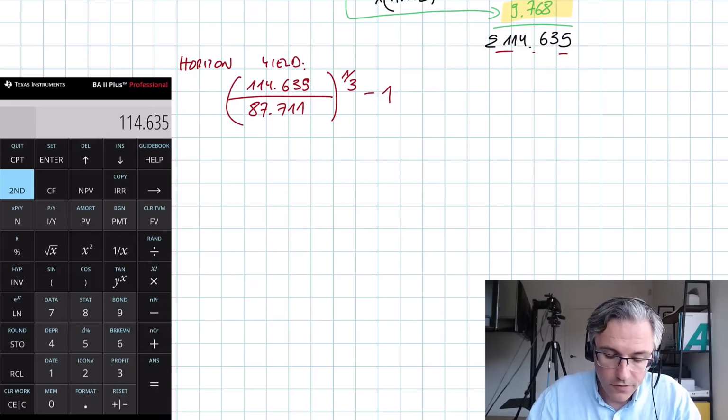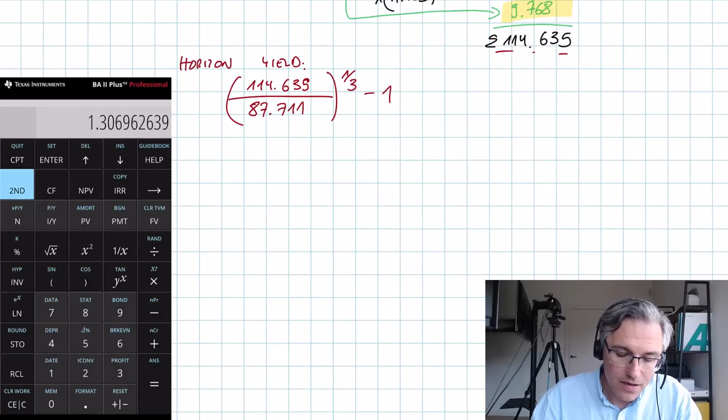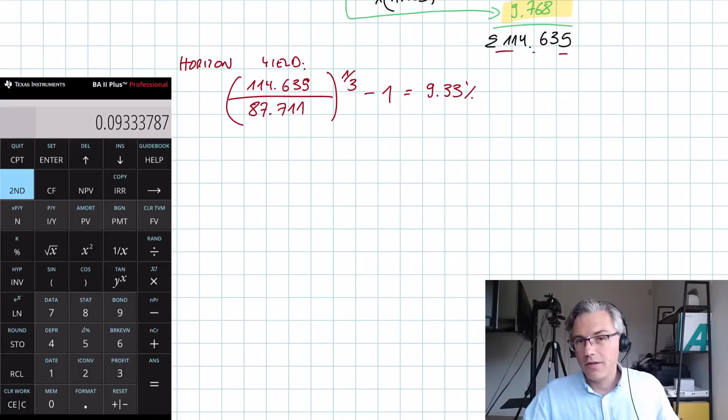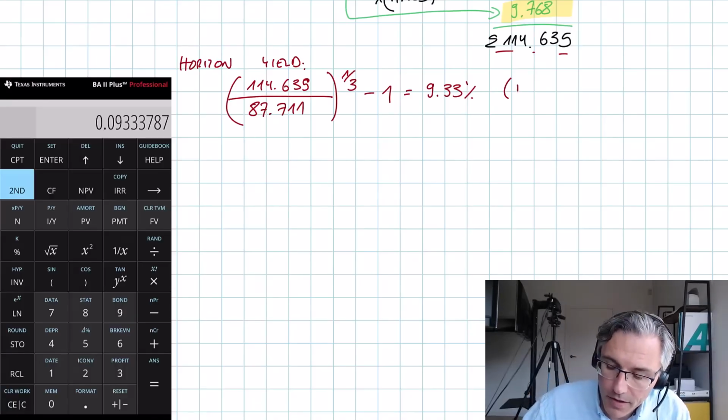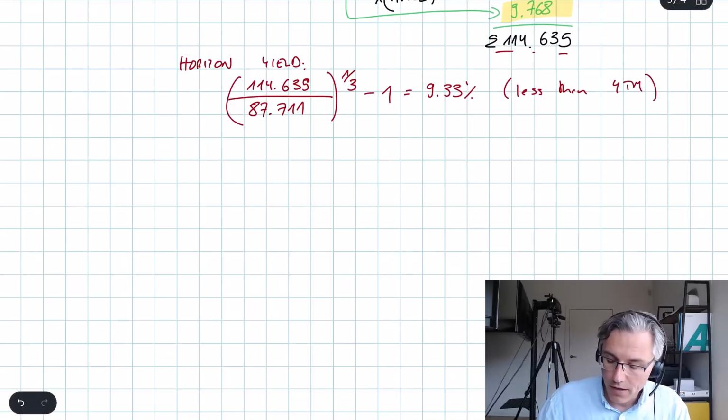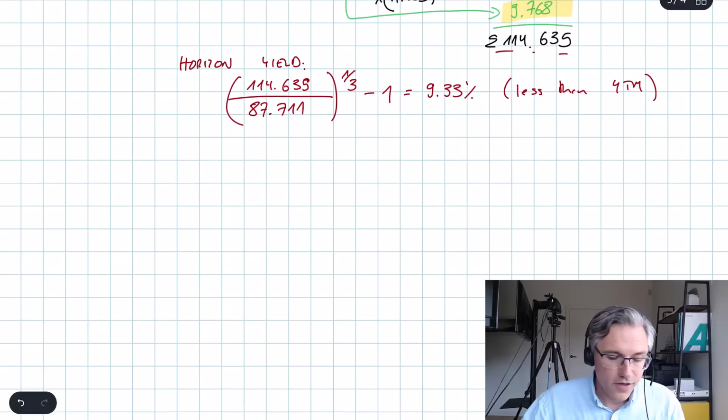So just divide by 87.711, equals, raised to the power, open bracket, 1 divided by 3, close bracket, equals, minus 1. As you can see, it's 9.33%, which is definitely less than the YTM. Less than the YTM.